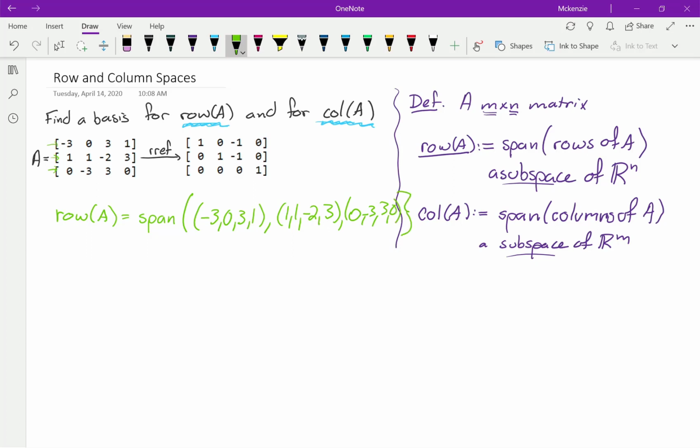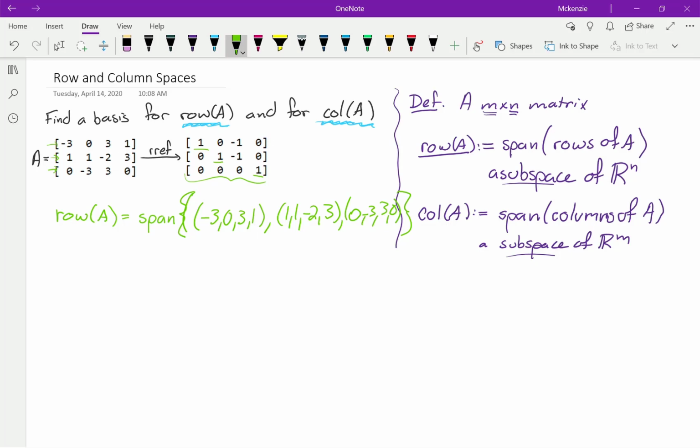This might not be the most insightful because maybe there's some redundancy, maybe we don't have linear independence. So let's take a look at the reduced row echelon form, and we notice that as we row reduce this, we have three independent rows. In the row reduced version, there's no way to write any of these rows as a combination of the others.